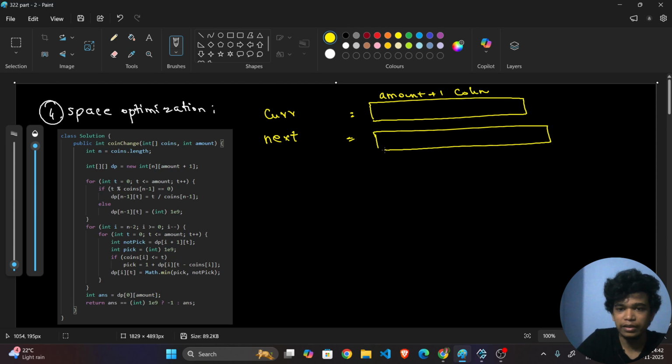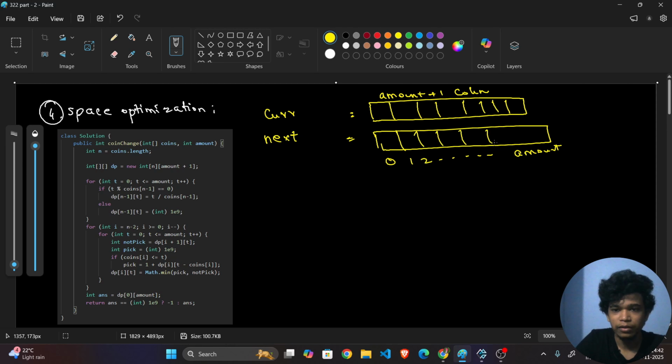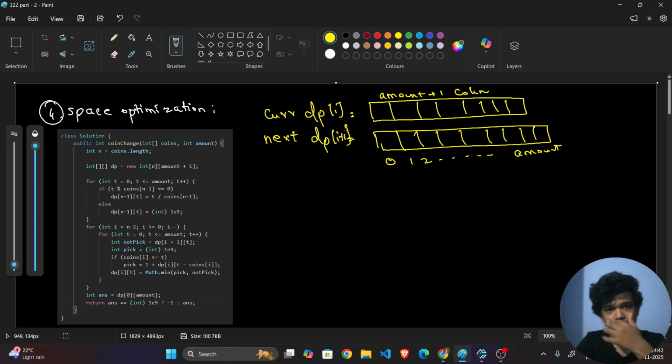Similarly, the next also starting from 0, 1, 2, 3 up to amount, which means amount plus 1 columns. Can you understand this? So I want only two rows, such that this will be dp of I and this will be dp of I plus 1. Can you understand up to this? Right?